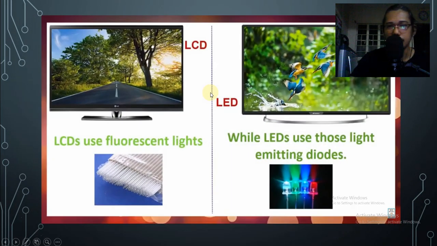As you can see on the picture, guys, LCD uses the fluorescent light. Sabi, sir, yung fluorescent light yan yung bumbilya doon sa bahay, yung mahaba. Yes. The idea of the fluorescent light and this LCD fluorescent is the same idea.